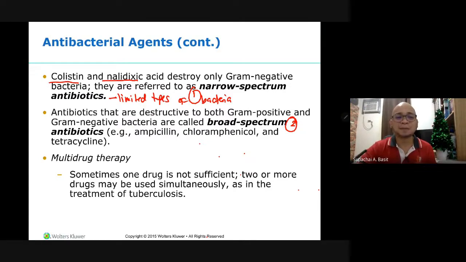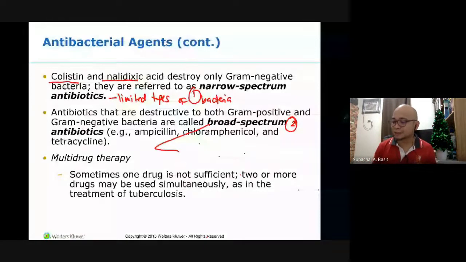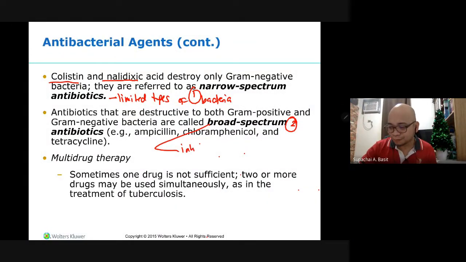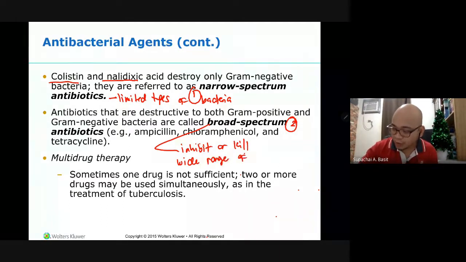How about broad spectrum? When you say broad spectrum, it can inhibit or kill a wide range of bacteria.